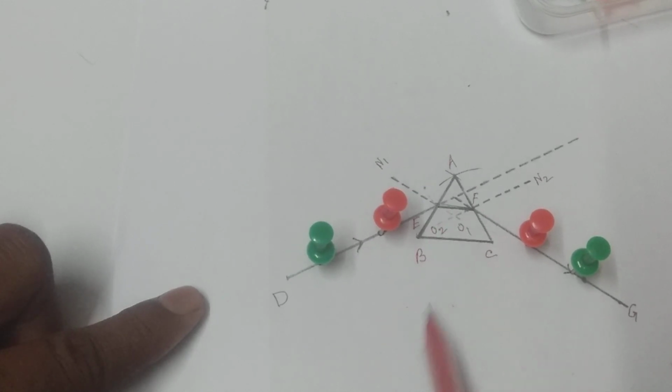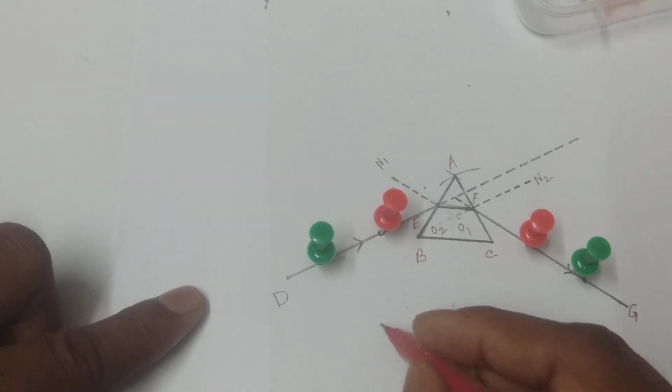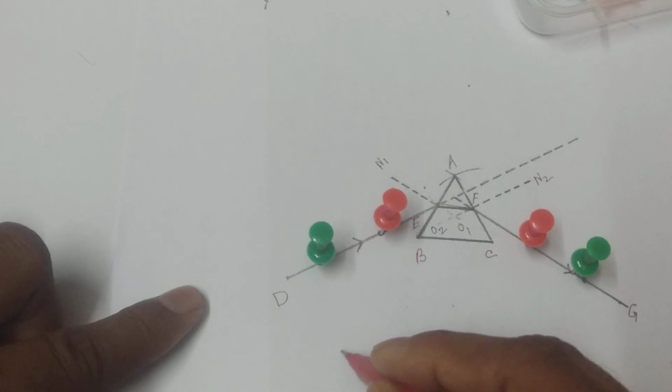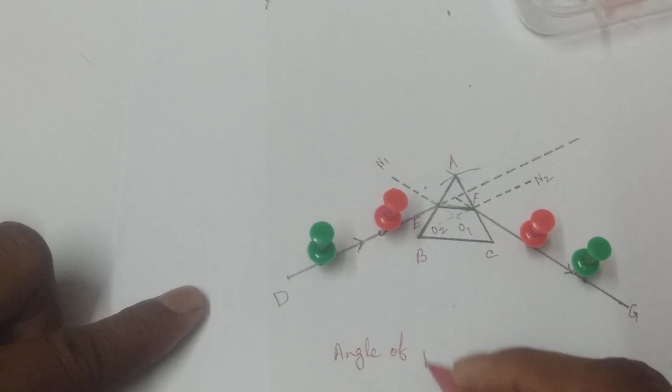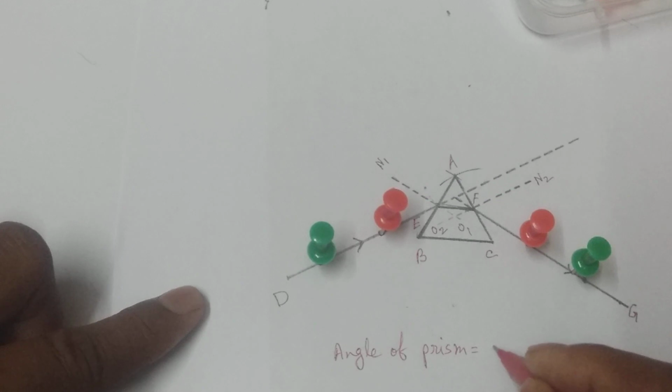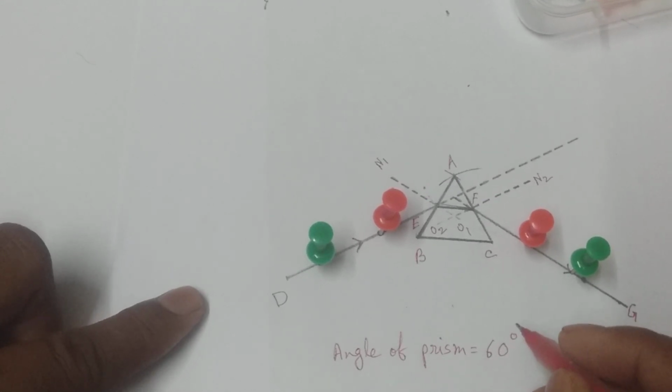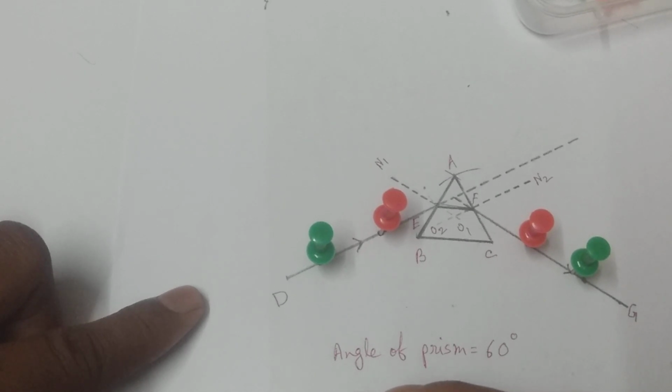Now find what we got. Angle of prism is equal to 60 degree here. Angle of prism is 60 degree, and DE is equal to incident ray.